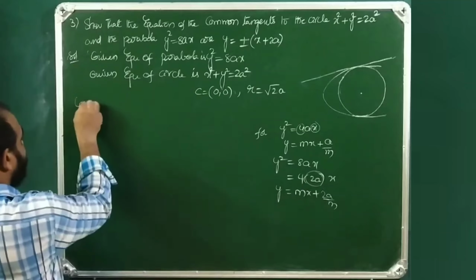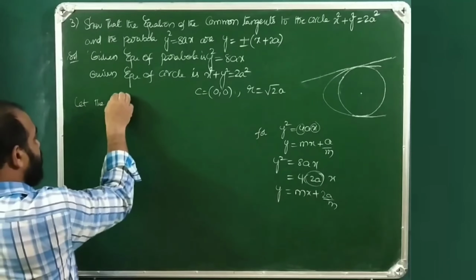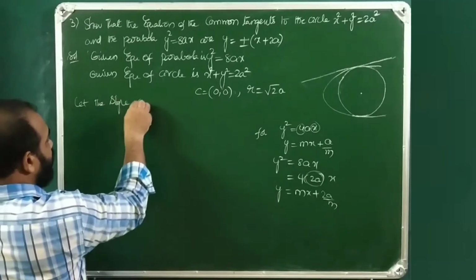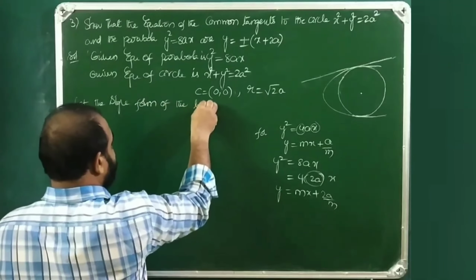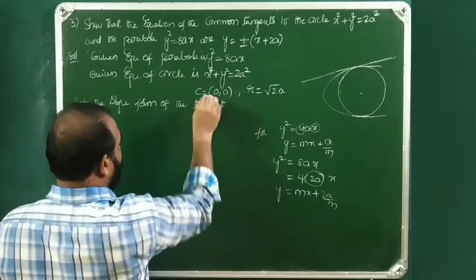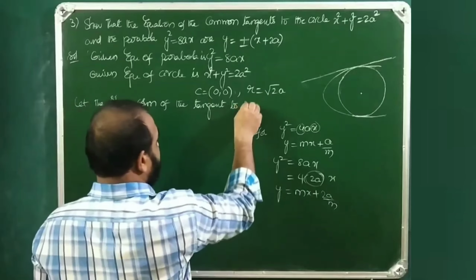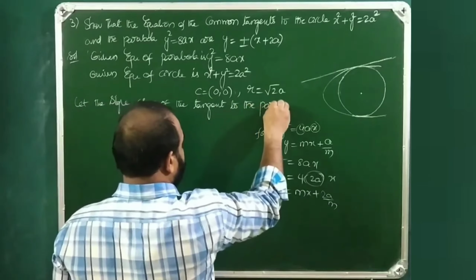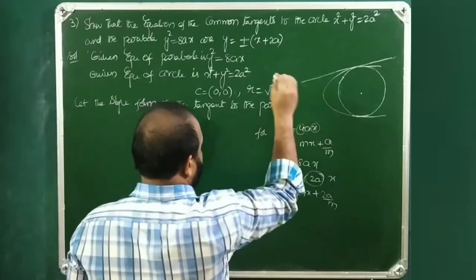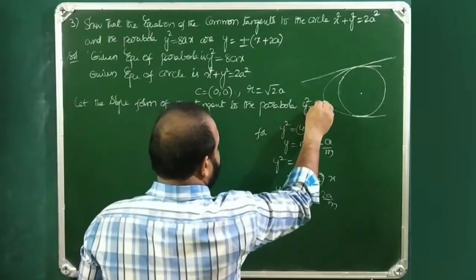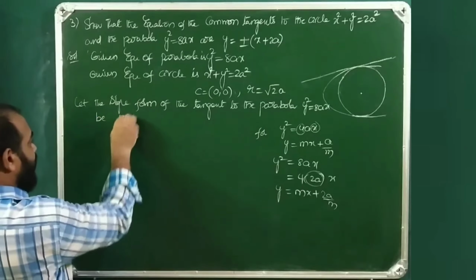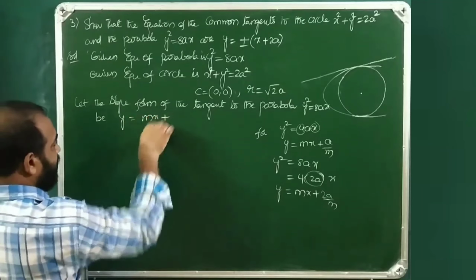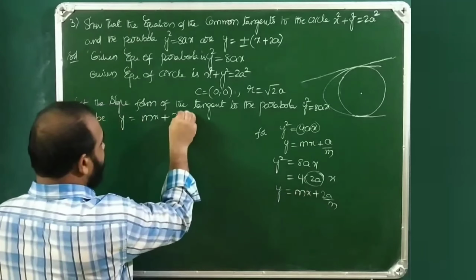So, let the slope form of the tangent to the parabola y square equals to 8ax be y is equals to mx plus 2a by m.